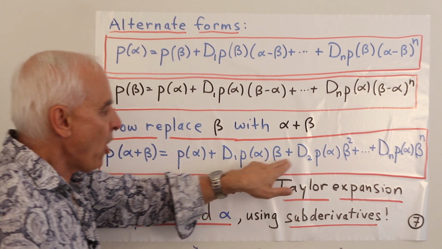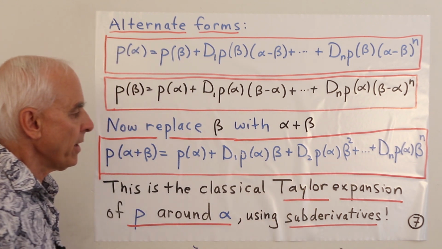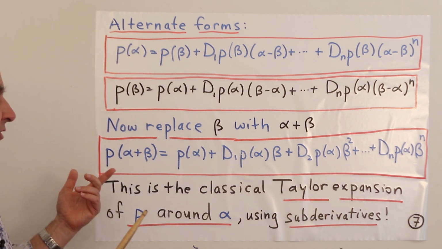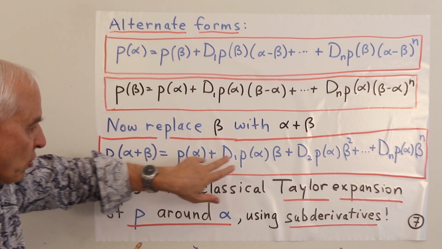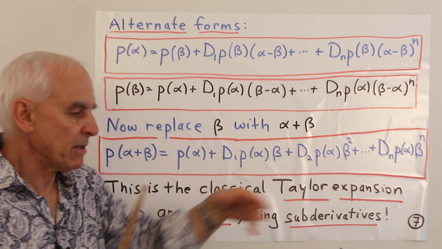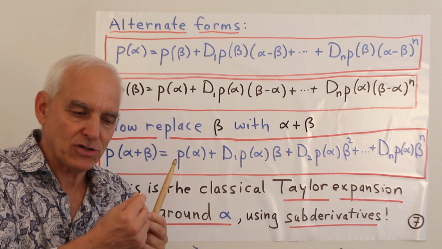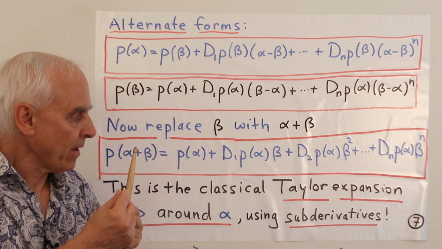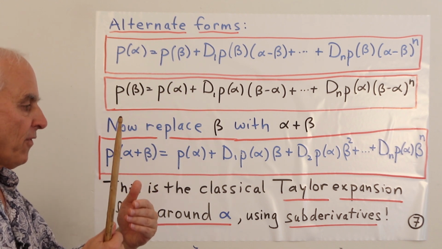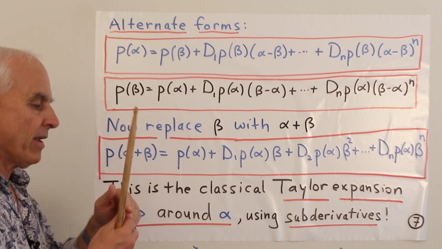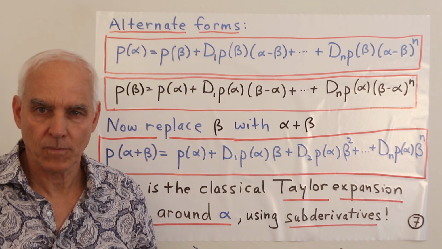It's a polynumber in beta with these coefficients that depend on the subderivatives evaluated at the base point alpha. So the point is that all these coefficients are only dependent on the nature of the curve exactly at alpha. Just subderivatives at alpha. But that's enough to recover the values of the polynumber at neighboring points because of this remarkable identity.